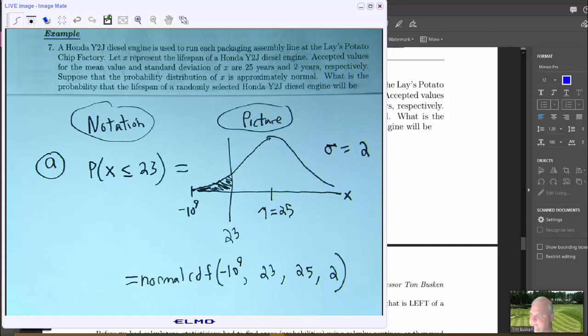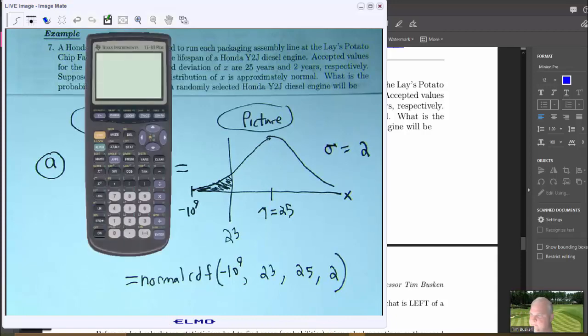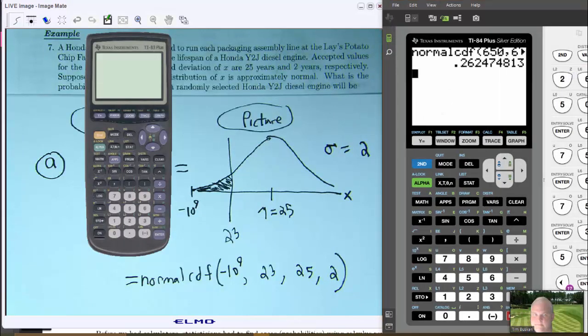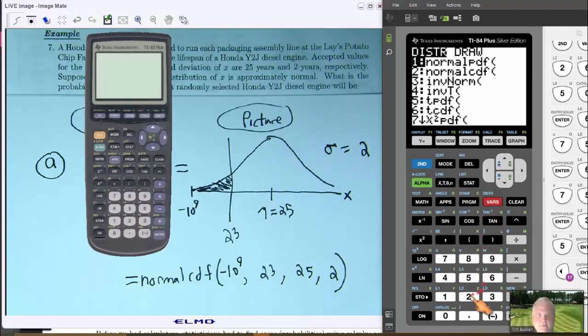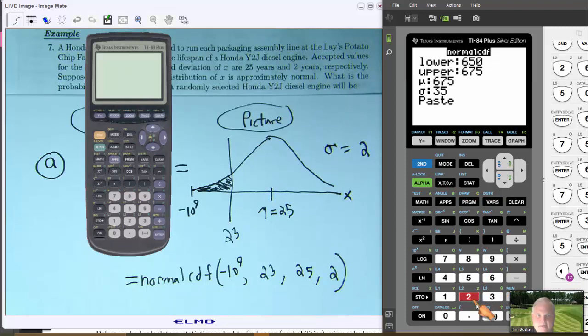Here we go. So I'm going to press second vars, 2, and my lower boundary needs to be negative 10 to the 9.